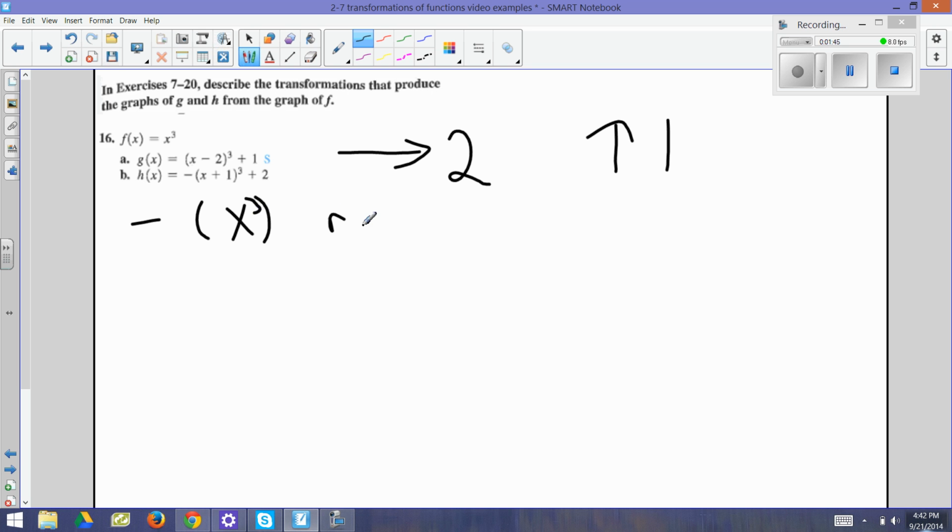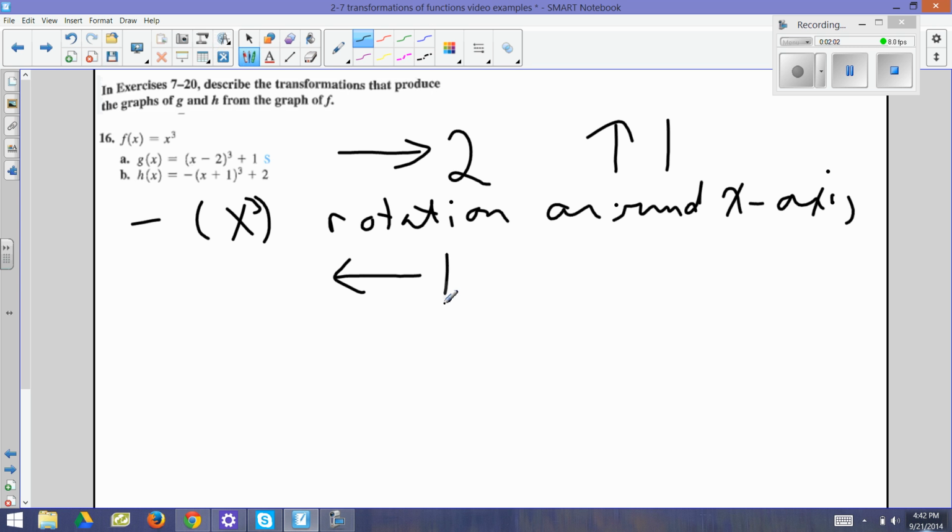So that's a rotation around the x axis because my y is changing signs. And then the plus 1 would be left 1, and the plus 2 would be up 2.